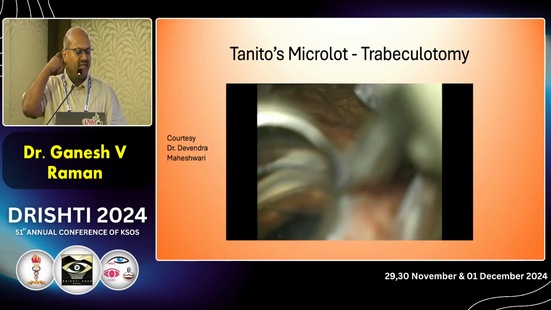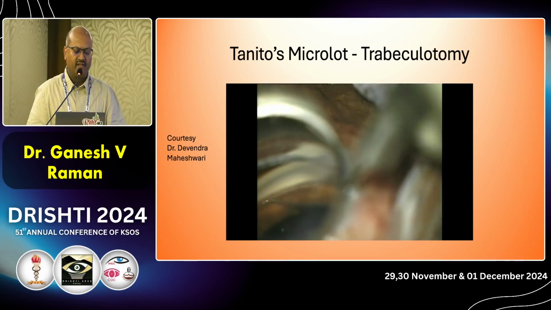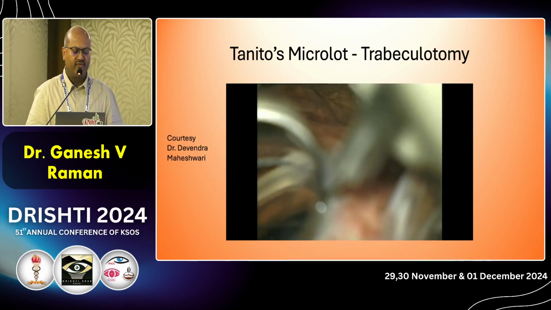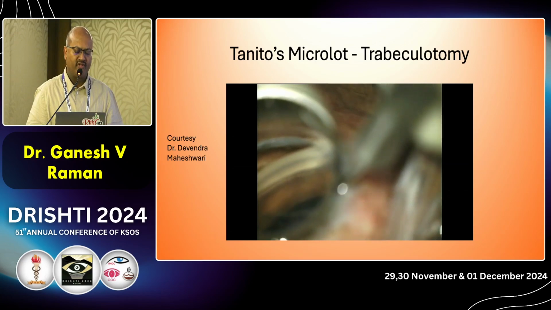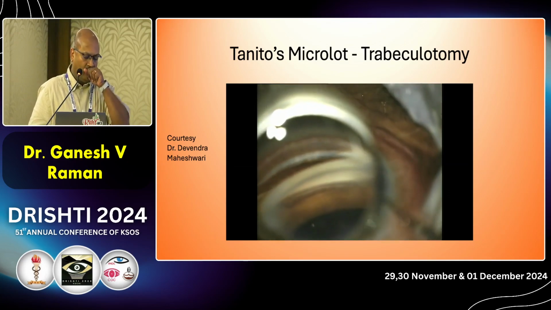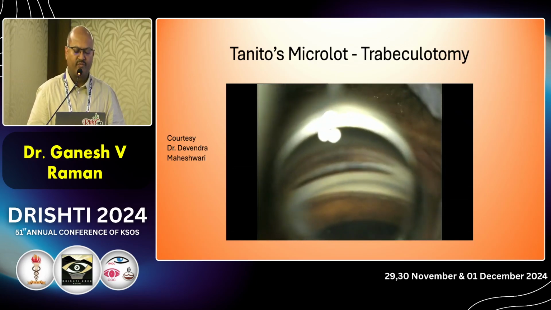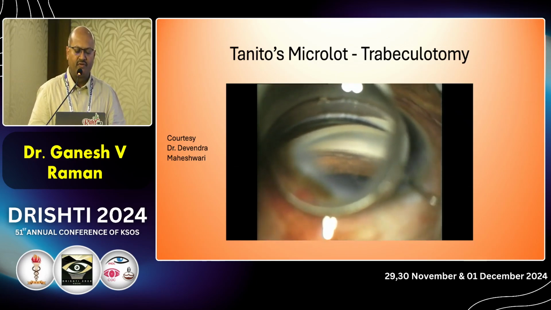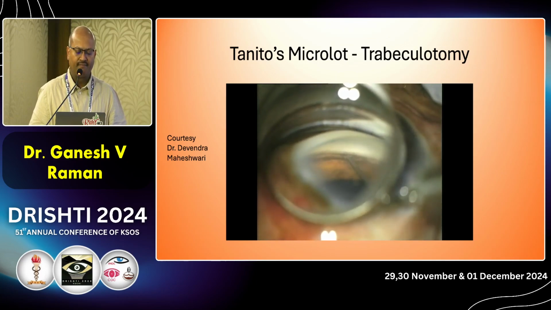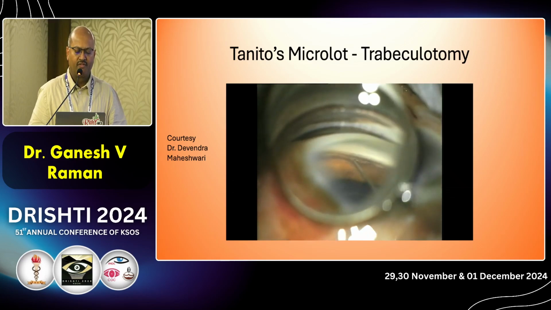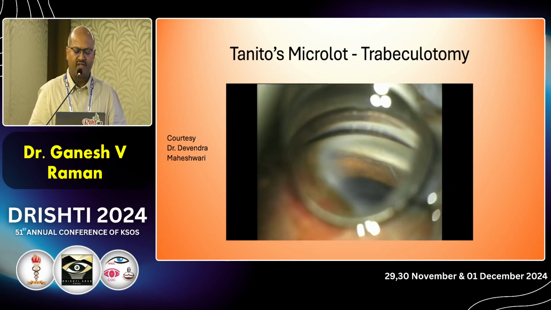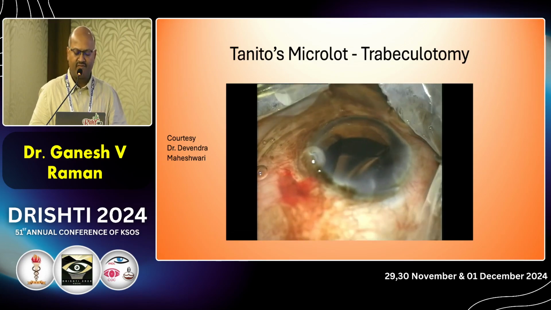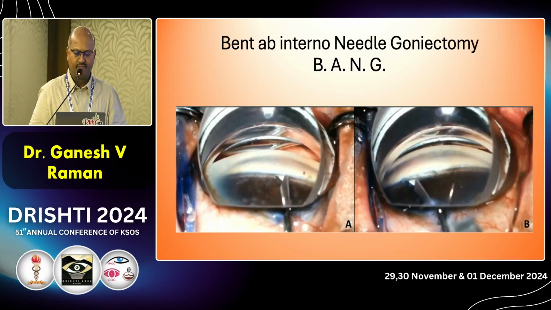I think at the APAO meeting in Delhi, the company is going to launch it in India. Then you can purchase it. As of now, we got it complimentary from the manufacturer. Some of us have got it, and we used to purchase it from outside. This is the left being done, and then you can do the right similarly. The supranasal approach to the infratemporal angle: you have to sit on the opposite side of the patient and then do the procedure.